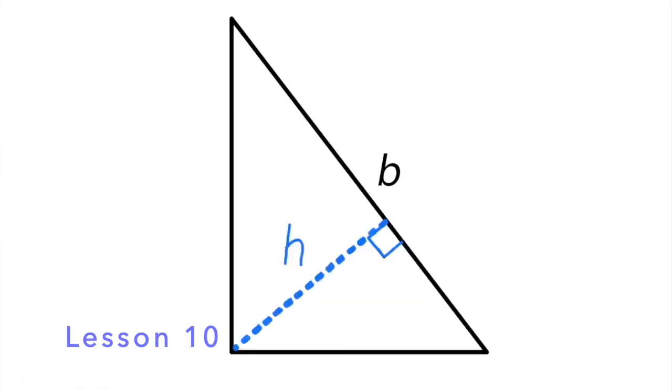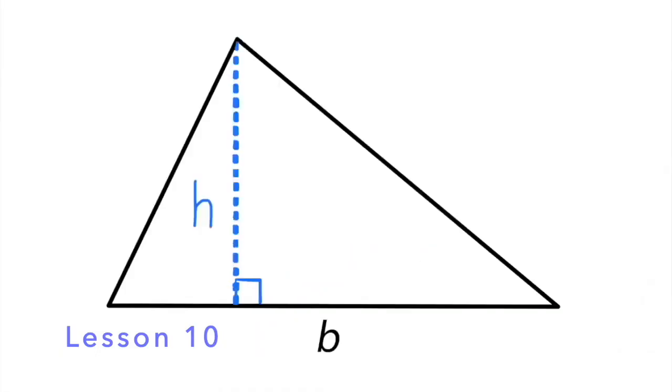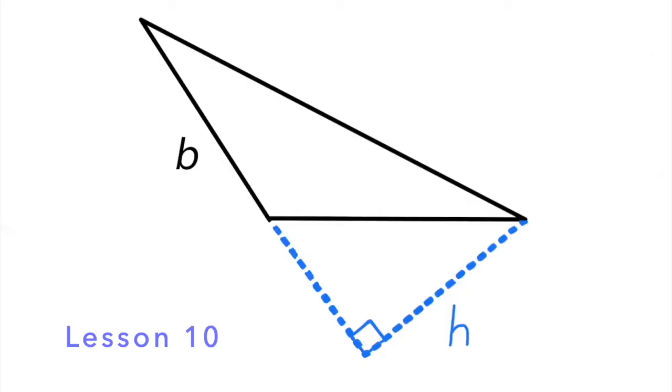Labeled H is the corresponding height at a 90-degree angle compared to the base, B. For the second triangle, here you can see the corresponding height at a 90-degree angle to the base, B. And here for the third triangle, you can see H, the height, that corresponds at a 90-degree angle to the base, B.